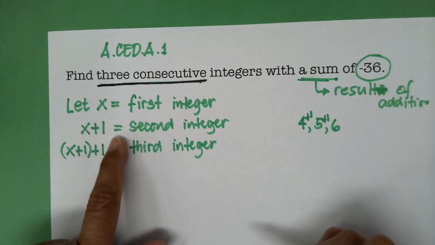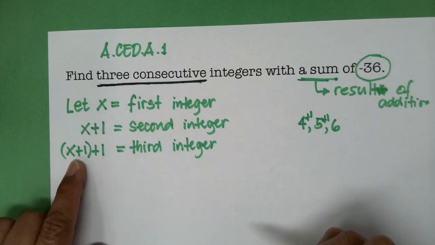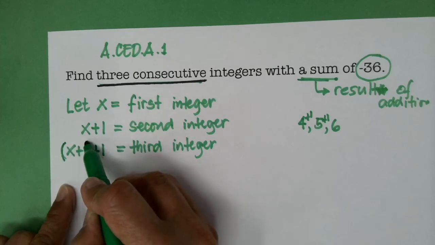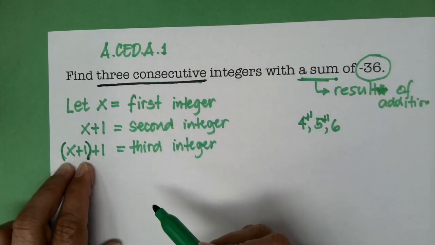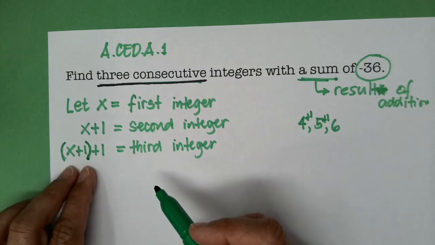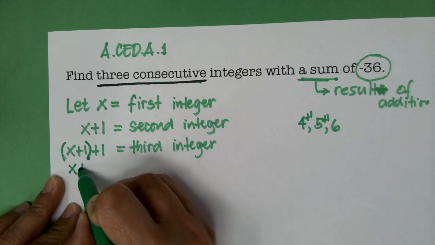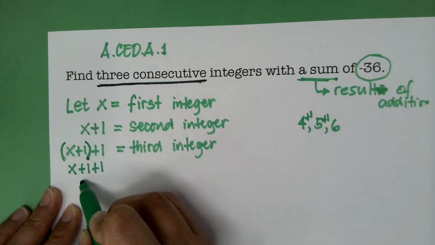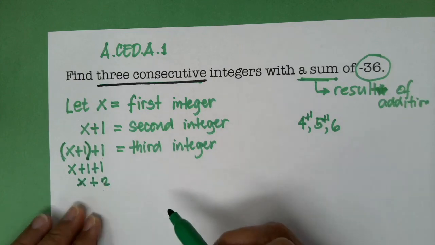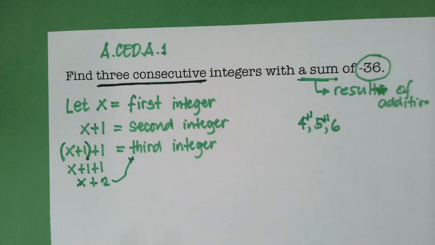So take note, I use the parentheses there to represent the second integer, and then we add 1. We can simplify this: that will just be x plus 1 plus 1, or simply x plus 2. So we will be using x plus 2 to represent our third integer.